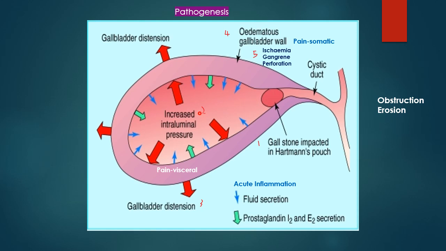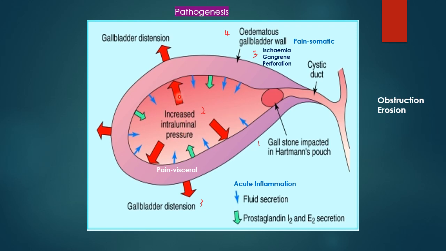As a result of that, the second phase is increased intraluminal pressure, and this causes the colicky pain of biliary colic, which is visceral in nature, so it is associated with nausea and vomiting.